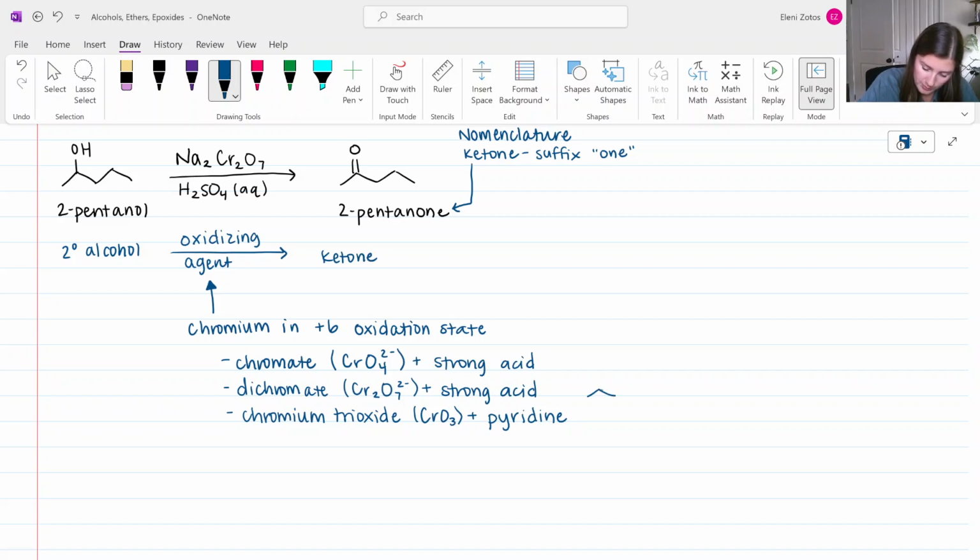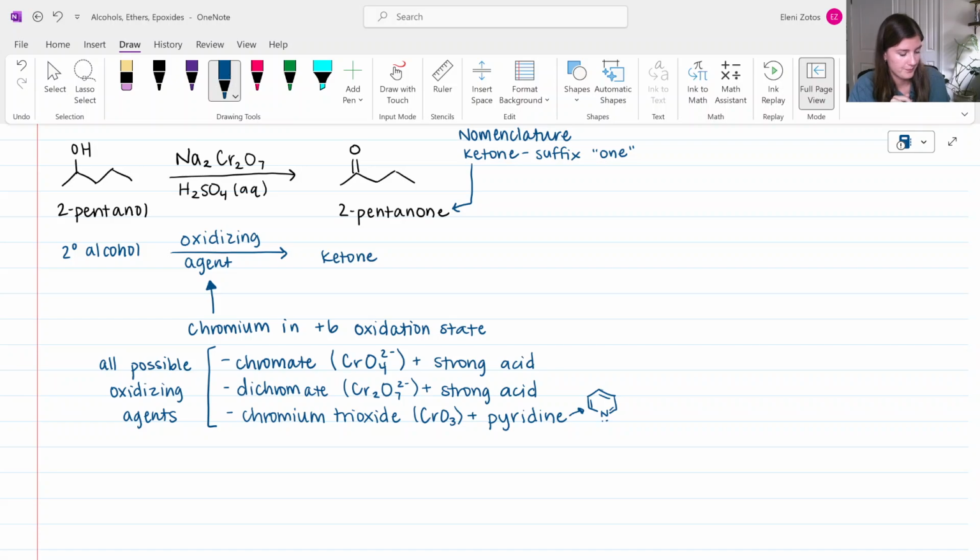So I'll draw that kind of small right here. Okay, so that's pyridine. So all three of these are possible oxidizing agents. And in the example with 2-pentanol, we used dichromate and H2SO4 as the strong acid.